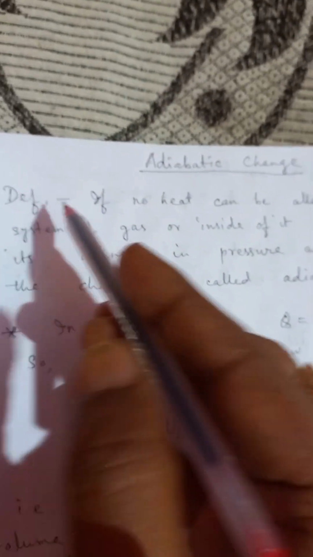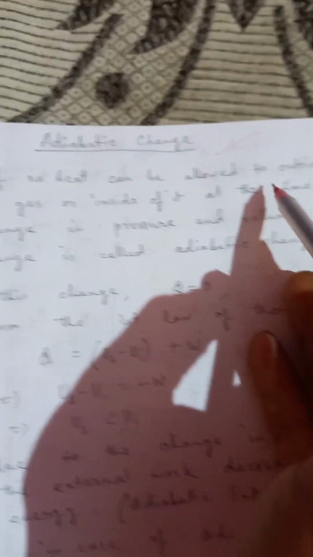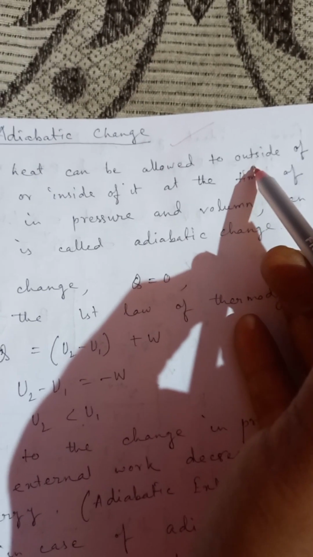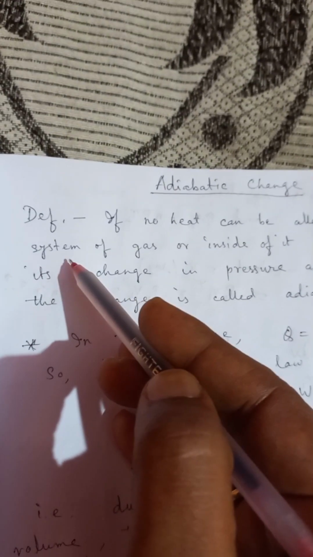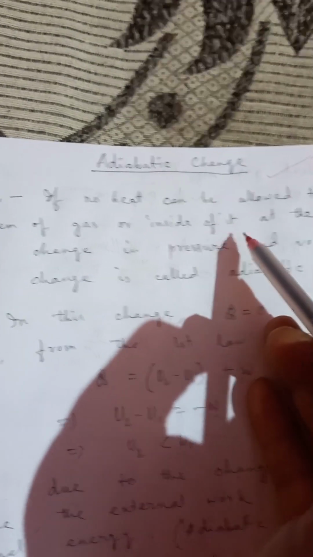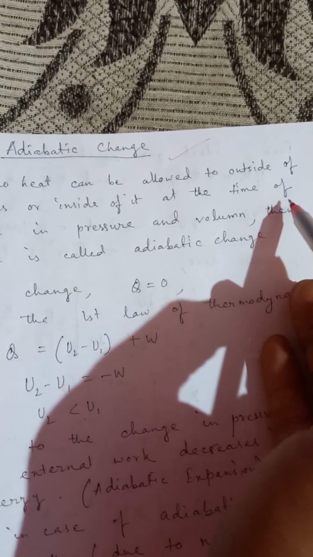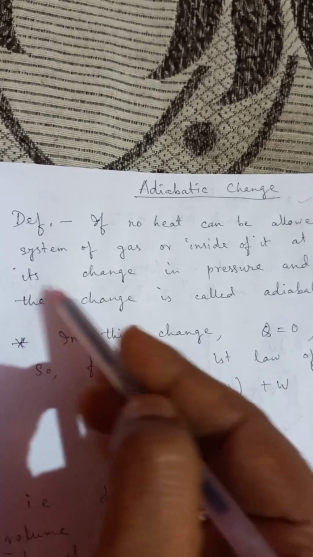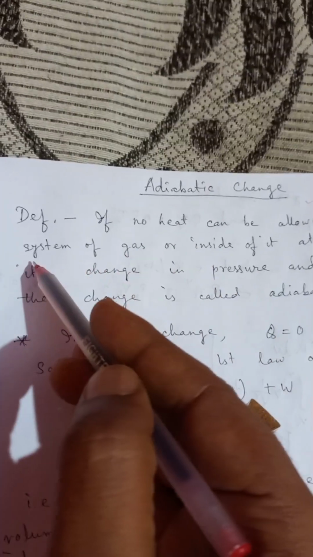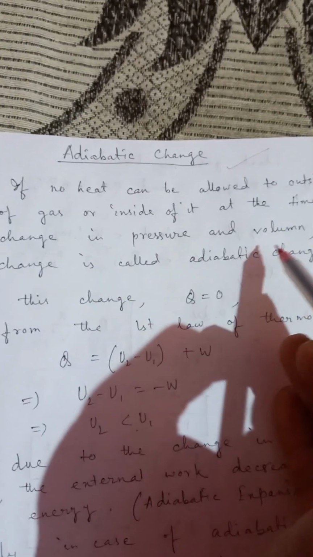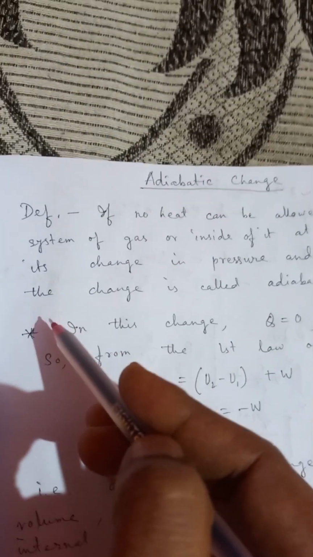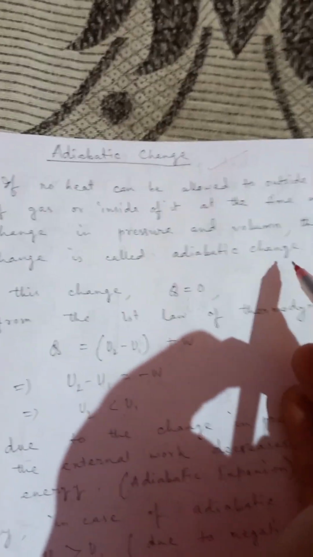So its definition is that if no heat is allowed to go outside of a system of gas or inside of it at the time of its change, meaning the change of the system of gas in pressure and volume, the change is called adiabatic change.